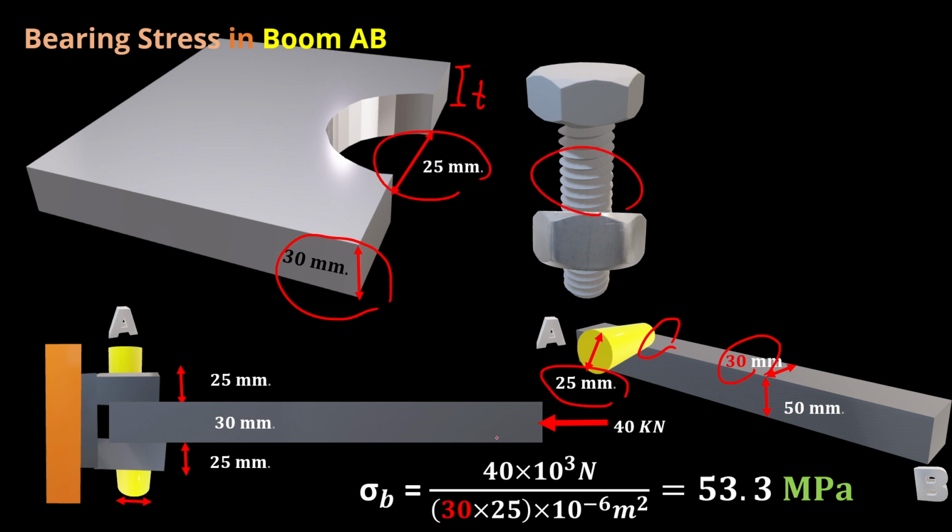So sigma bearing at the connection here is 53.3 megapascal. But that's only the bearing stress in the boom at the connection.